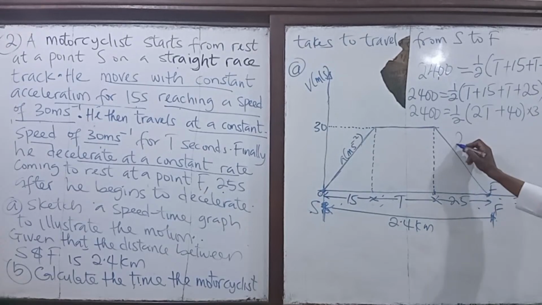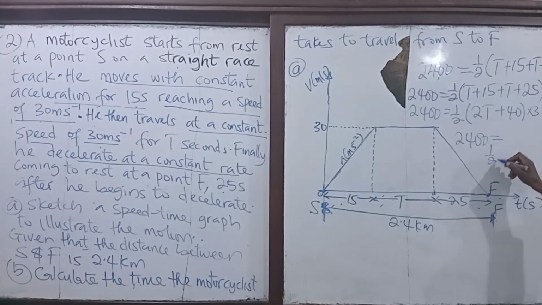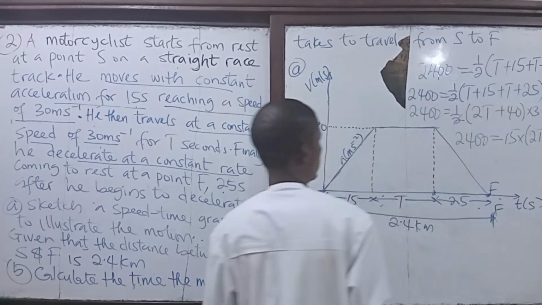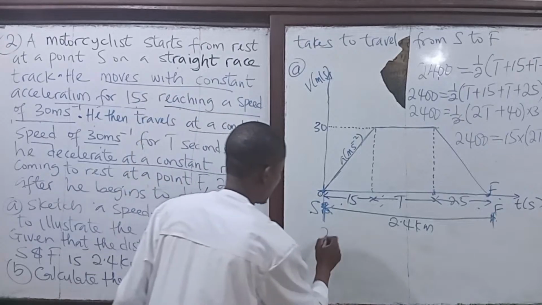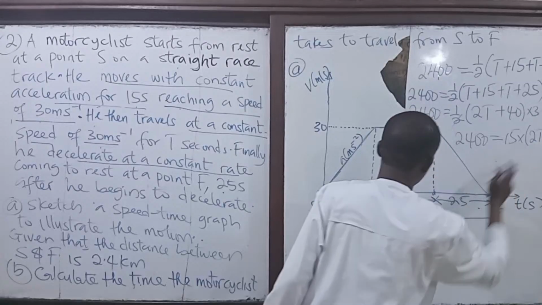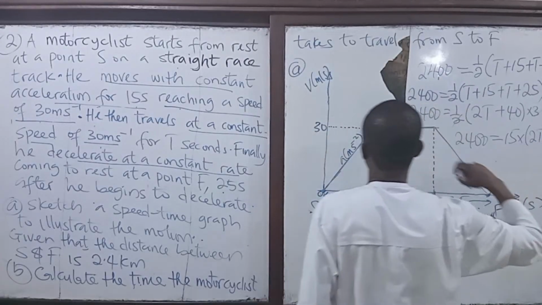Half of 30 is 15, so we have 15 times 2t plus 40. So 2,400 equals 15 times 2t, that's 30t, plus 15 times 40, calculator, let's do that.